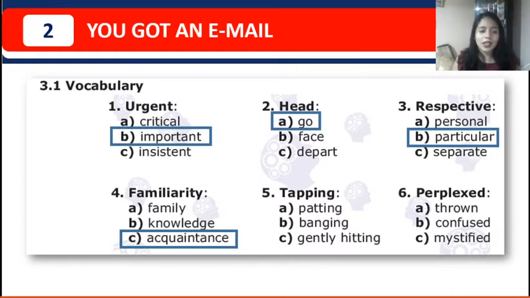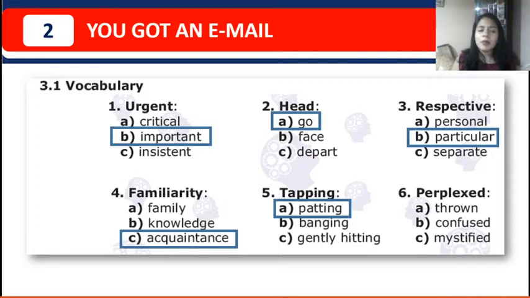So, what do you think is the correct answer here? Great, here we have letter A again. So remember, tapping, like this, is the same as patting.